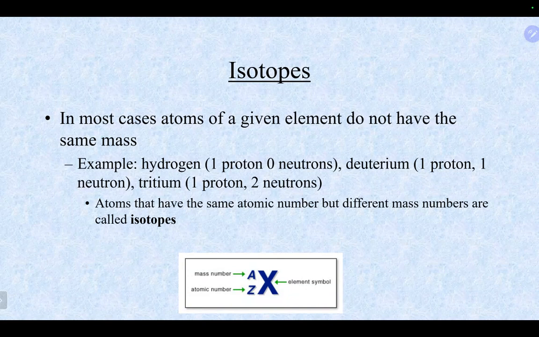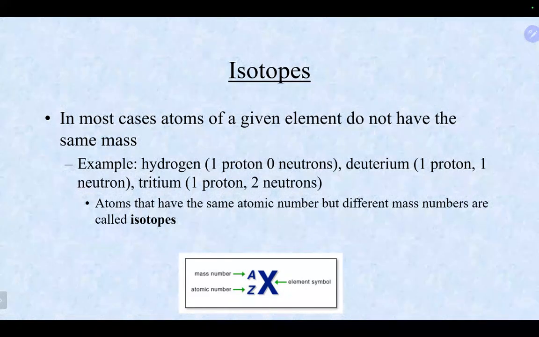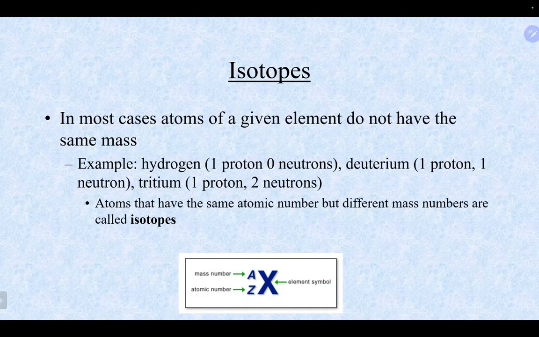For example, all elements have protons, electrons, and neutrons, except for hydrogen. Hydrogen only has a proton and an electron. It does not have a neutron, but all other elements have all three of those particles.